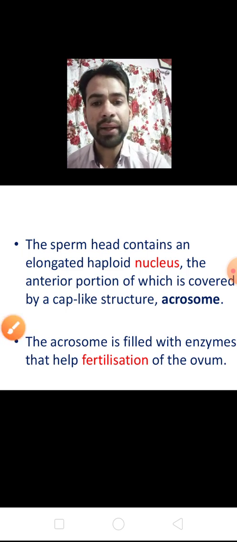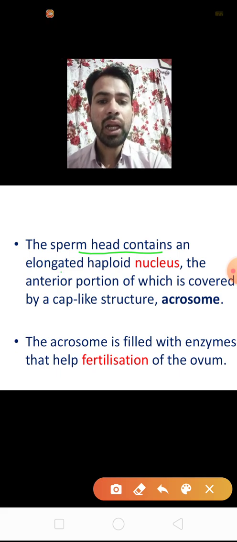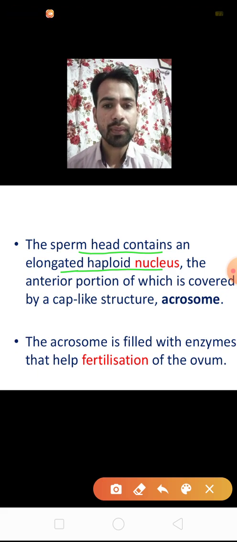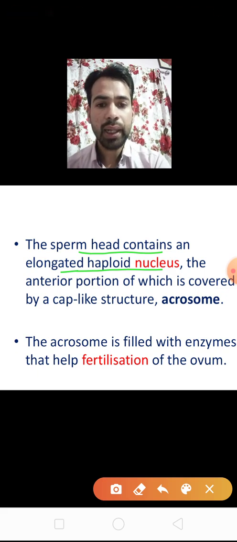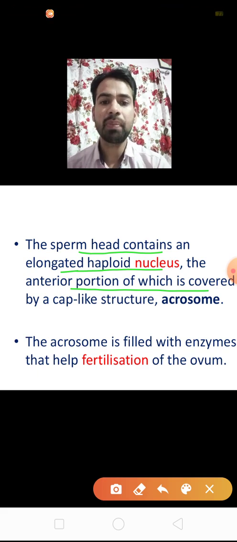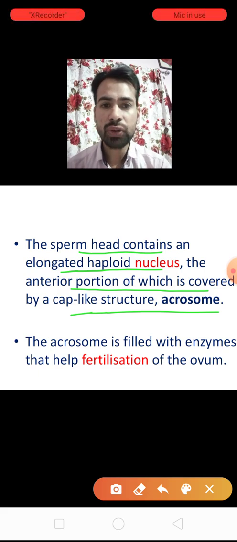The sperm head contains an elongated haploid nucleus, the anterior portion of which is covered by a cap-like structure, that is acrosome.